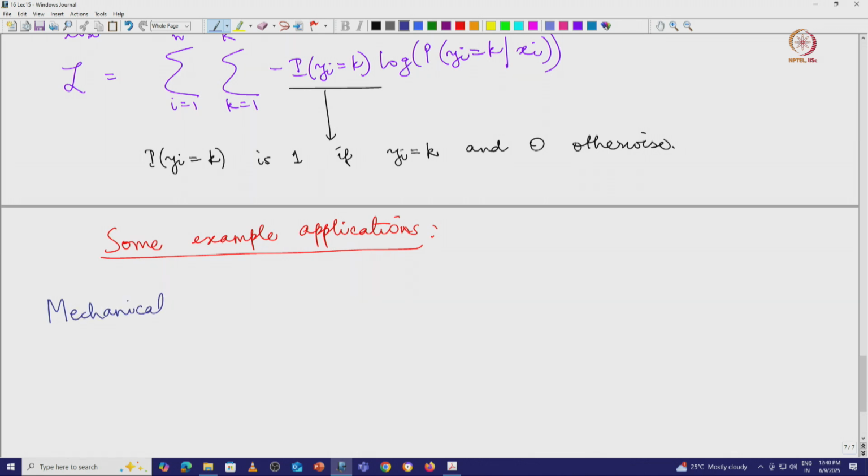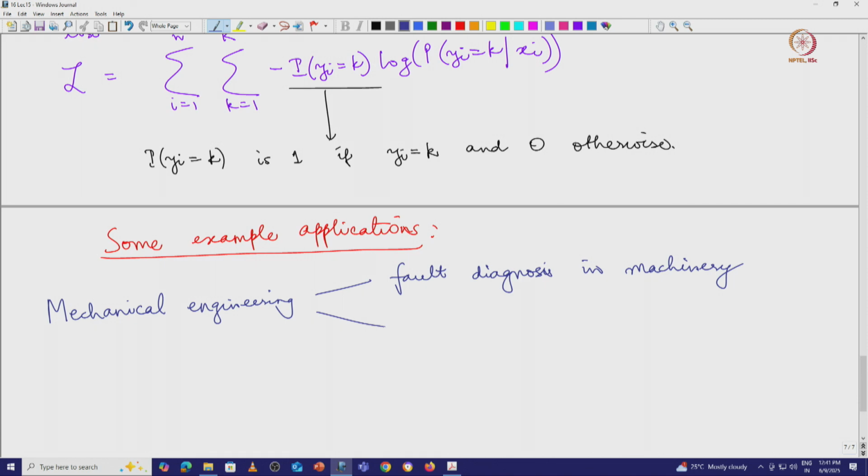So, this is what someone in mechanical engineering may find useful, for example, fault diagnosis in machinery. You want to find out what is the type of the fault that has happened based on various operating parameters and running conditions of a machine.